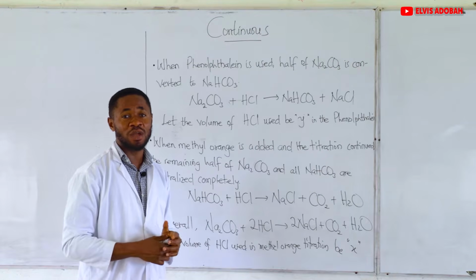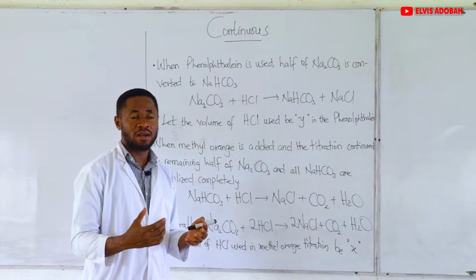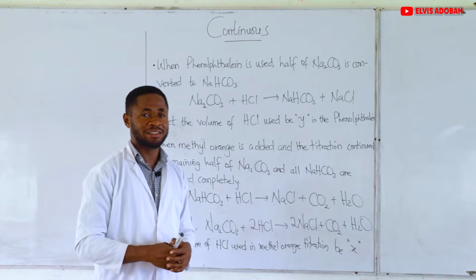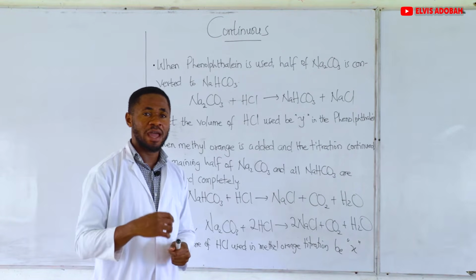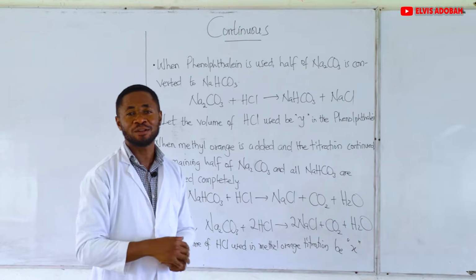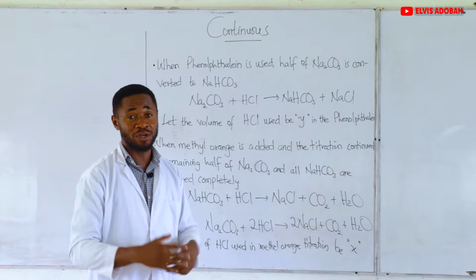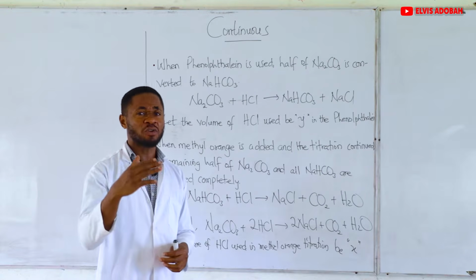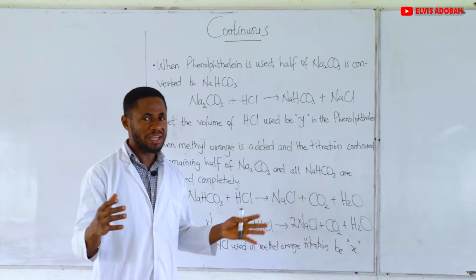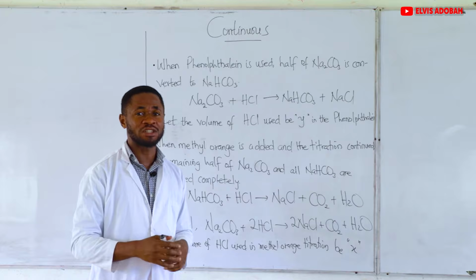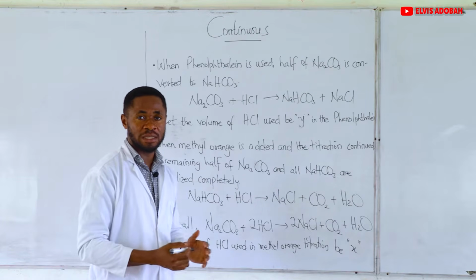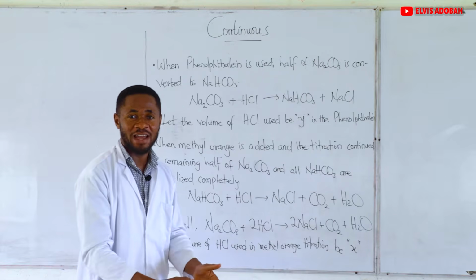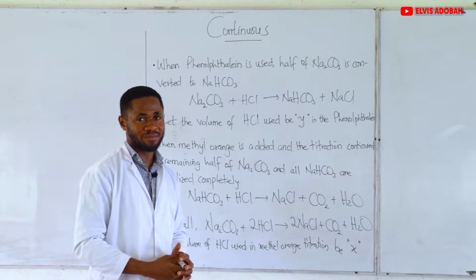As chemistry students, we are all aware that when a dilute acid, like hydrochloric acid, reacts with a carbonate of a metal, for instance, sodium carbonate, it undergoes a kind of neutralization reaction. The only thing is carbon dioxide will be evolved in addition to the salt and the water. So in this case, you are supposed to form sodium chloride, water, and carbon dioxide.